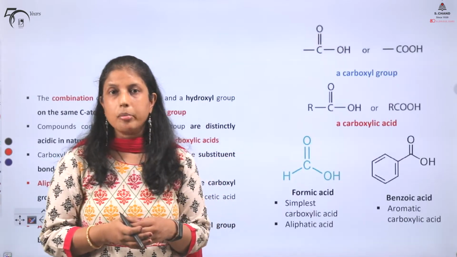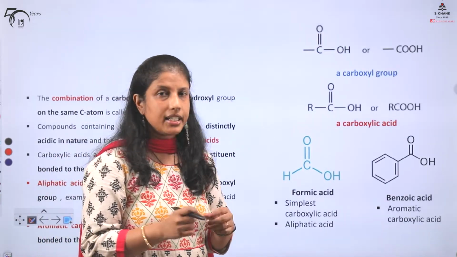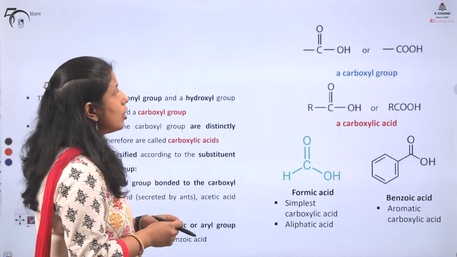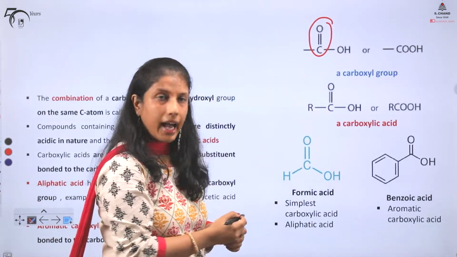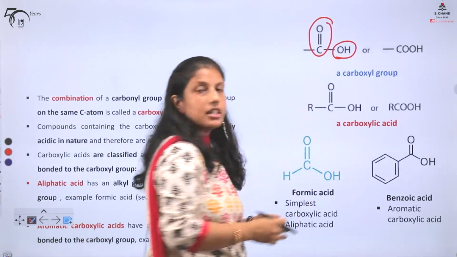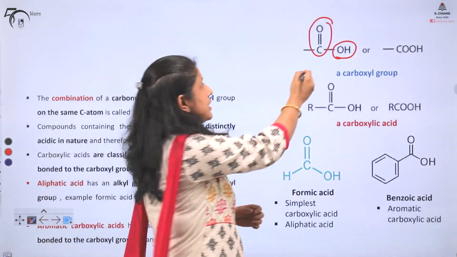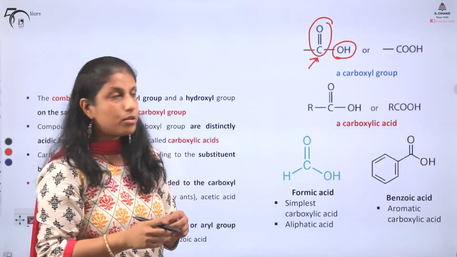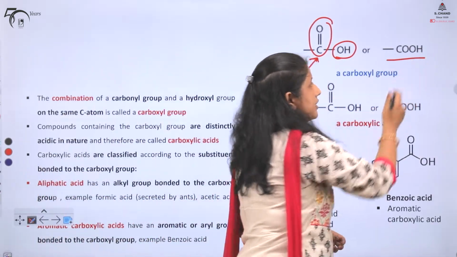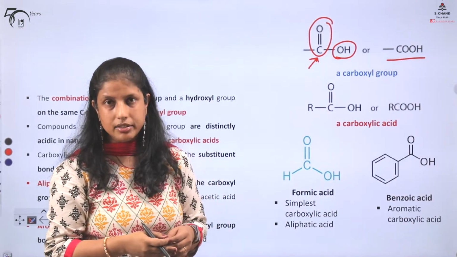So, what are carboxylic acids? Basically, a carboxyl group consists of the carbonyl group and a hydroxyl group attached to the same carbon atom. The carboxylic acid group is also commonly written as COOH.